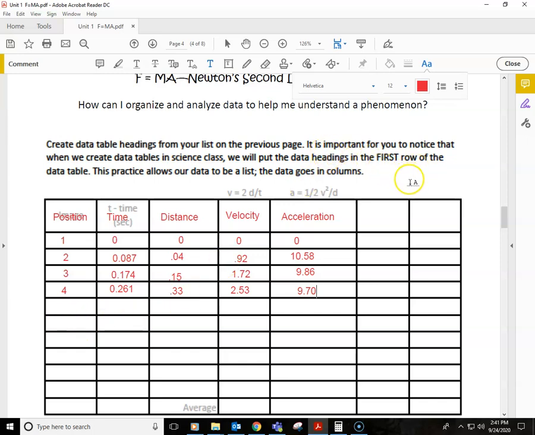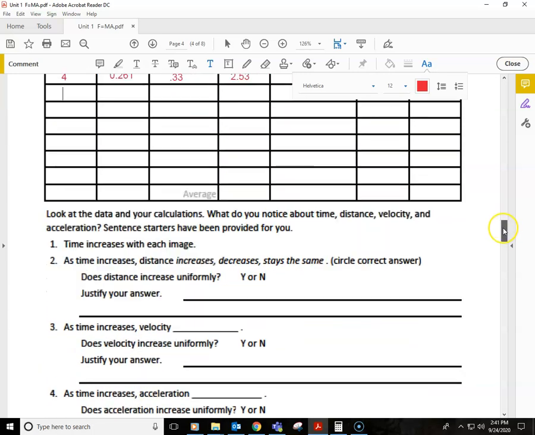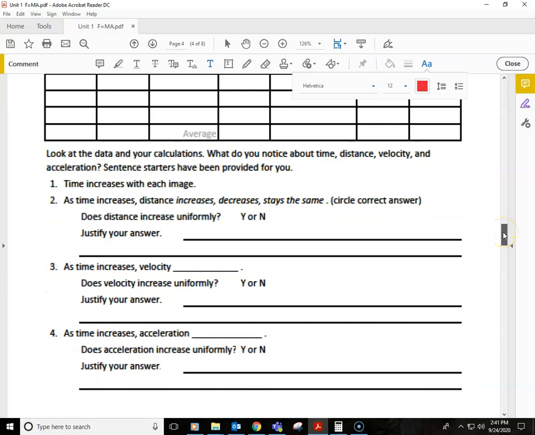Okay, so the next thing, after you've filled in the chart, there are some questions for you to answer. Number one, it's not really a question, it's more of a statement. And then there's some questions about it. Please make sure that you do this where it says justify your answer, okay?